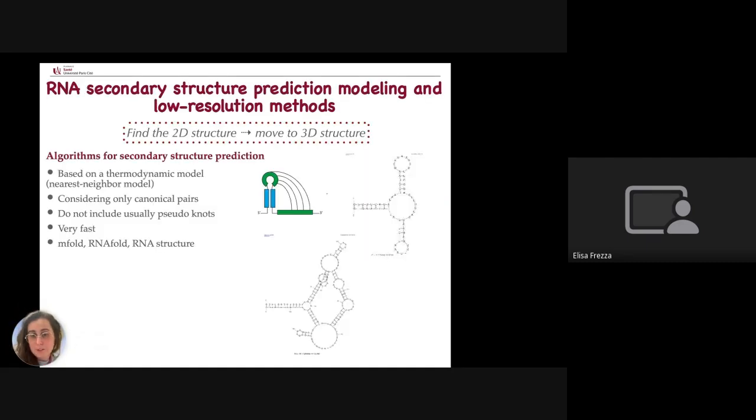So people decided to take a step back and look at the 2D structure. To do so, people use thermodynamic models.